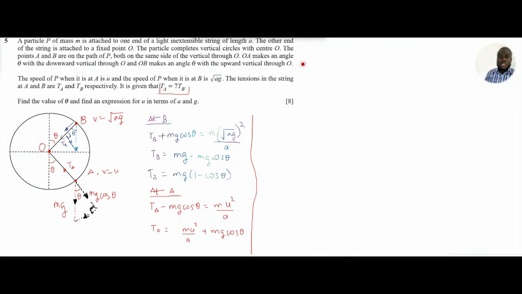Now we've been presented with a relationship between TA and TB. So right away, I'm just going to go ahead and write this is TB. Multiplying that by 7 should give us the next expression.